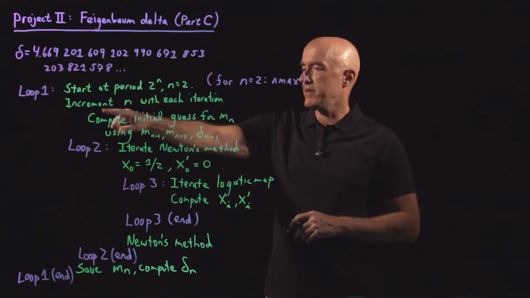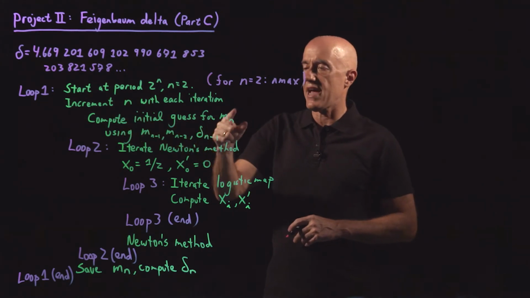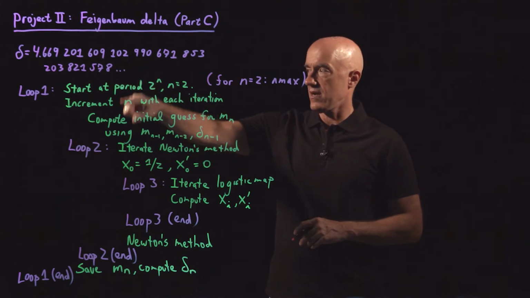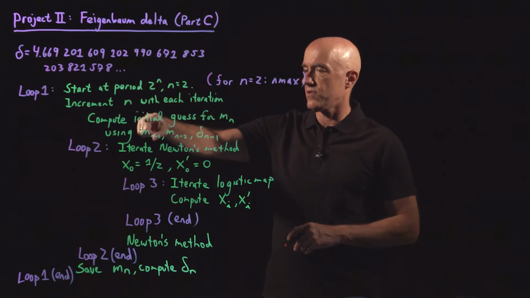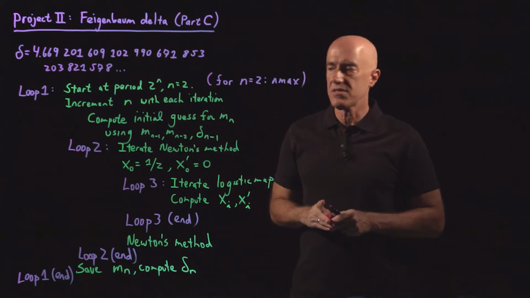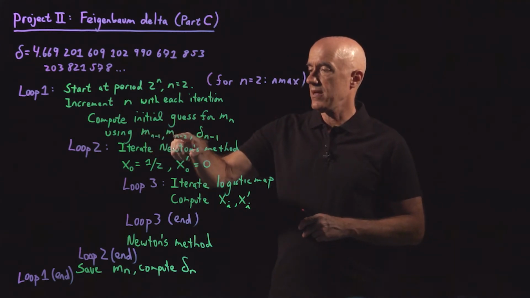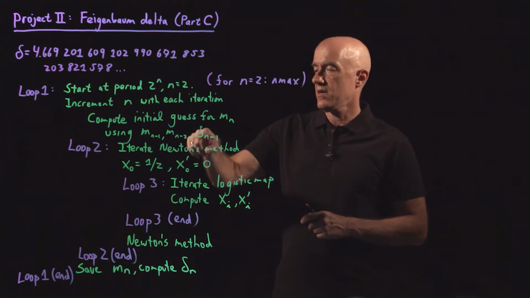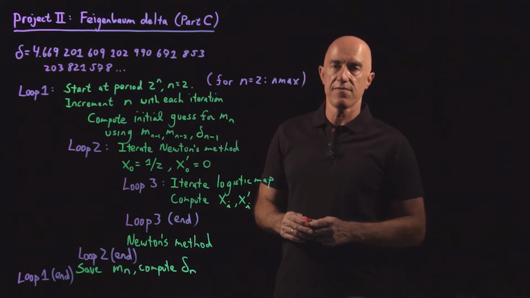What do we do at the beginning of this loop? We need to have an initial guess for the m sub n that we're looking for in this n value of the loop. The initial guess we get from the two previous values of m, and the guess for the Feigenbaum delta, which actually depends on the three previous values of m.